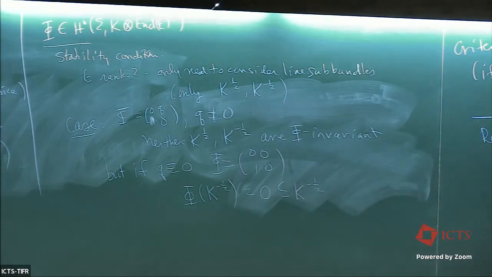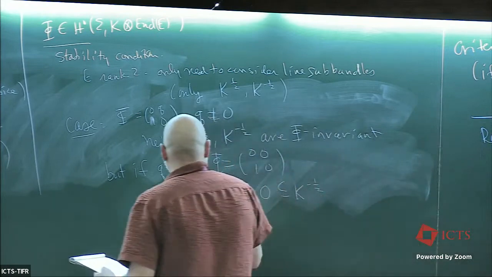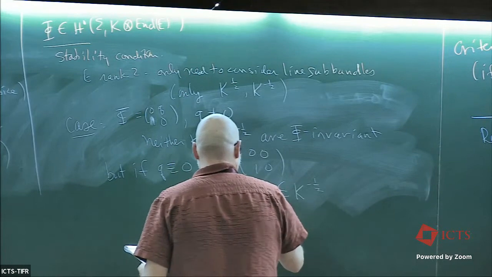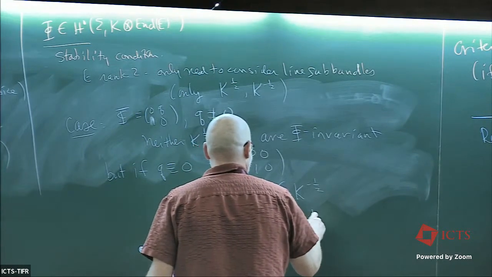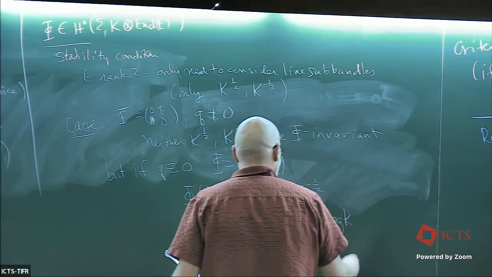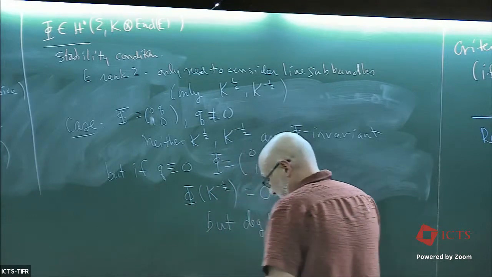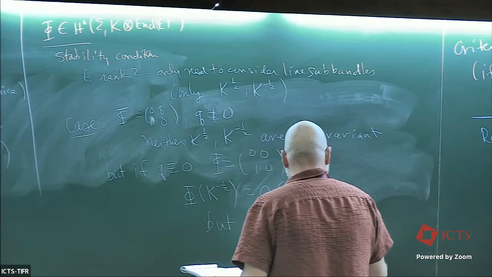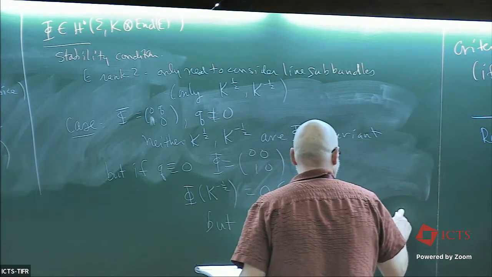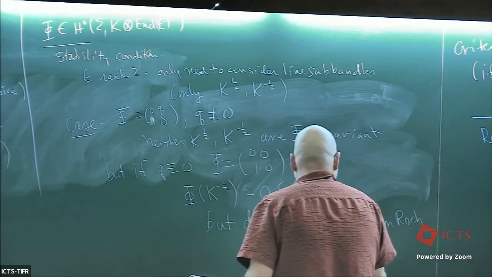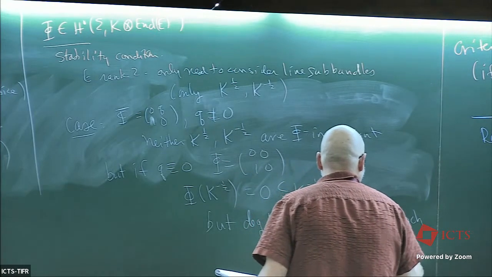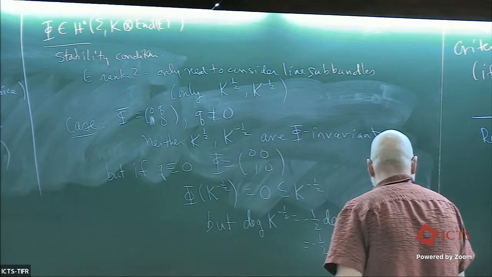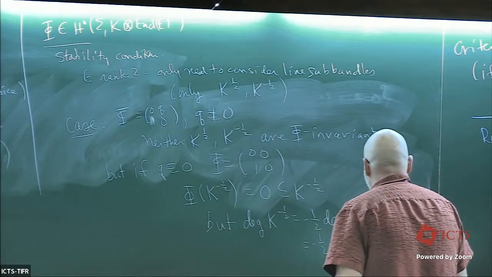But in this case, the degree of k to the minus 1/2 is minus 1/2 times the degree of k, which is standard by Riemann-Roch: minus 1/2 times 2g minus 2, which is 1 minus g, negative if g is bigger than or equal to 2, which is what we assume.